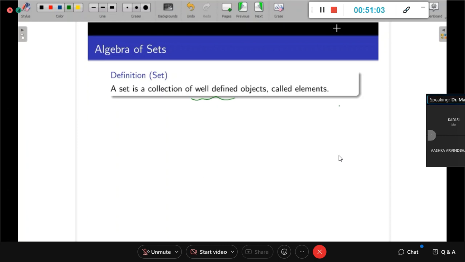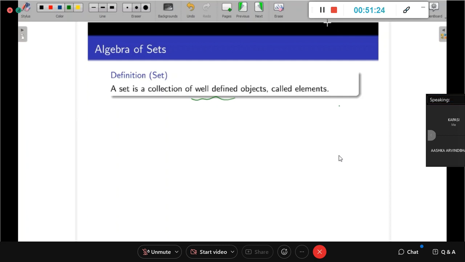There must be clarity about the objects, with certain parameters, so that well-definedness can be addressed. Now the very basic things we can recall here.